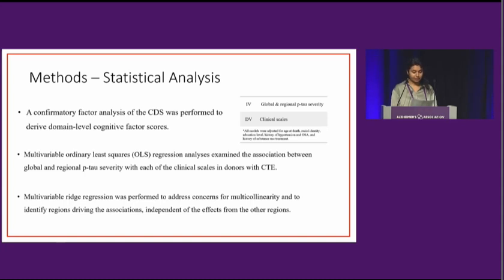And the dependent variables included the clinical scales completed by informants, with each scale or factor score included in a separate model. The data that we got was very highly correlated, and to account for these correlations, we used ridge regressions to investigate which regions may be driving the associations, independent of the effects from the other regions.